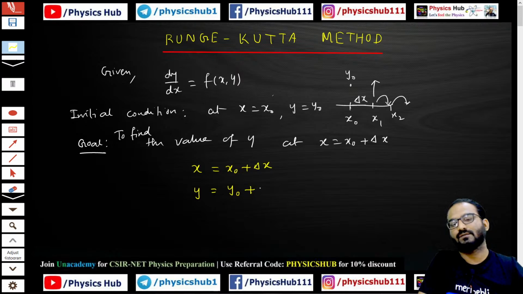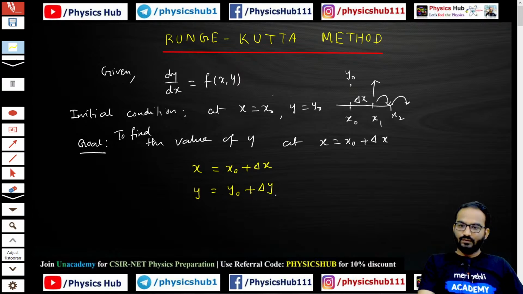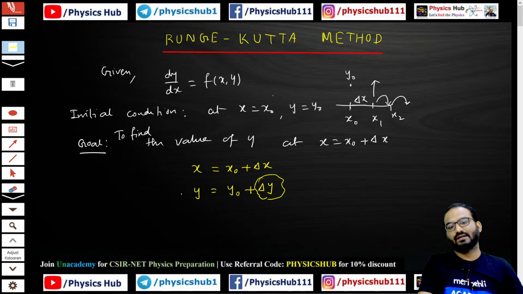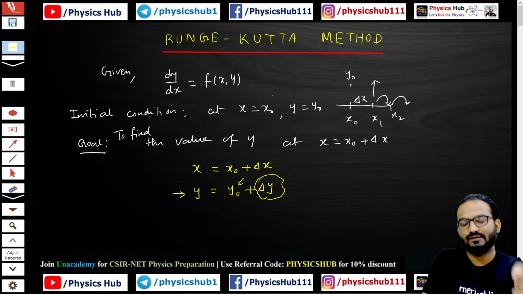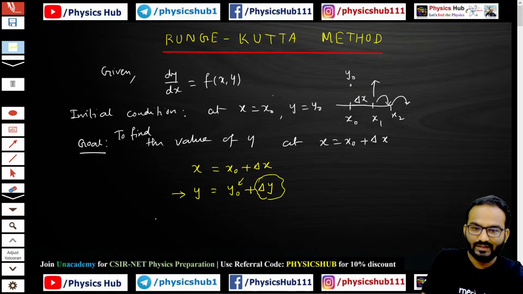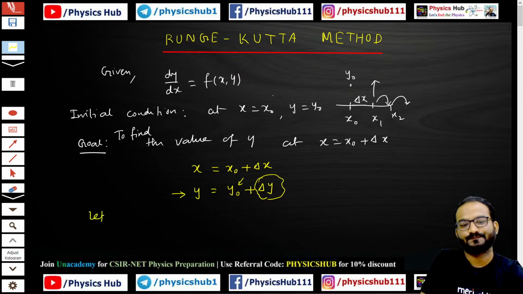So let's say the change in y is delta y. If we somehow get to know this delta y, we can say that the value of y at x equals x naught plus delta x is y naught plus delta y. Because y naught we know, what remains is the delta y. Now there are some formulas. Let's say delta x equals h.